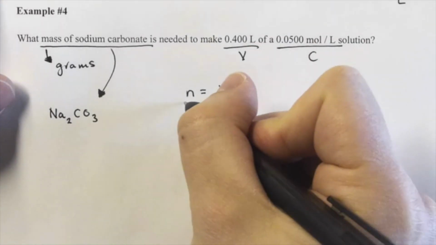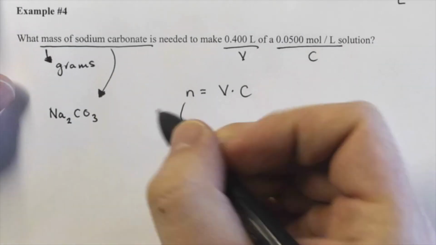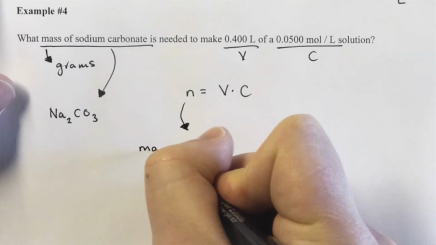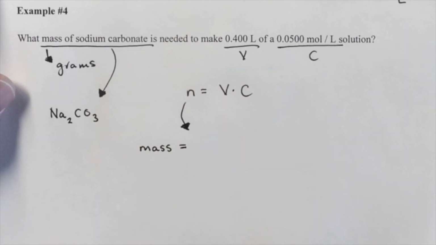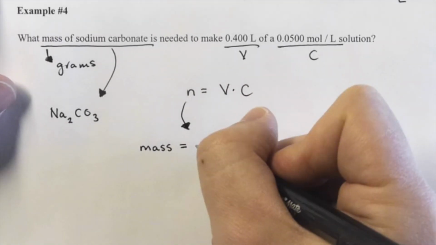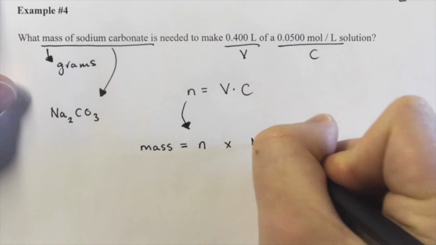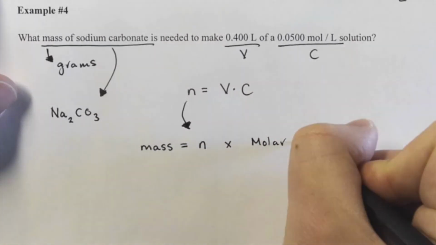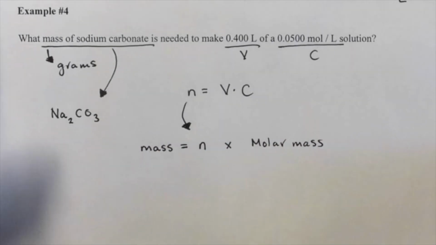Once I have my number of moles, I can figure out my mass in grams. I can do this by taking my number of moles, N, and multiplying it by the molar mass. This is the strategy I'm going to use to solve this problem.